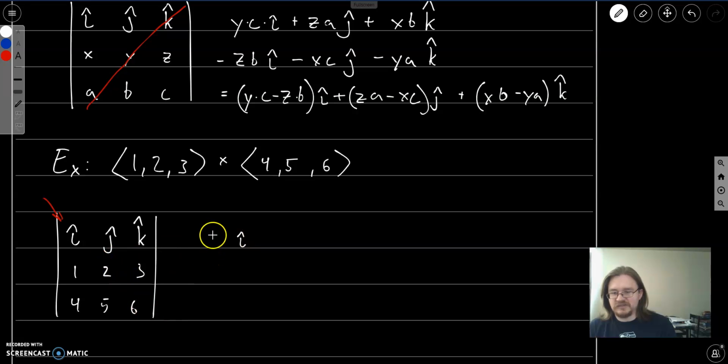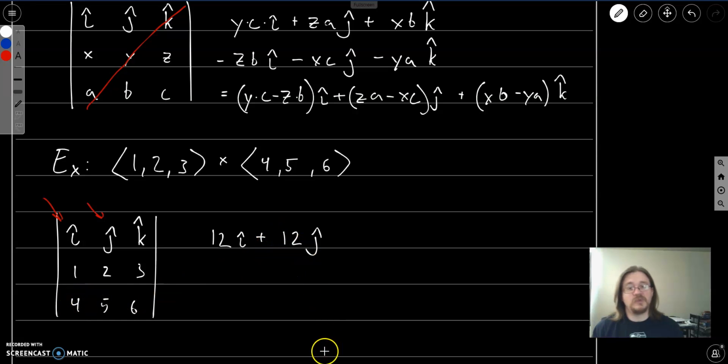It's going to be 2 times 6, which is 12. The next one, we're going to have the vector j. We're going to hit 3, and as we wrap around, we're going to get 4 on the other side. So 3 times 4 is also 12. And then the last one, k, we're going to start coming down. We're going to hit the k, and we're going to wrap around to the 1 and the 5. So 1 times 5 is 5. So far, so good.